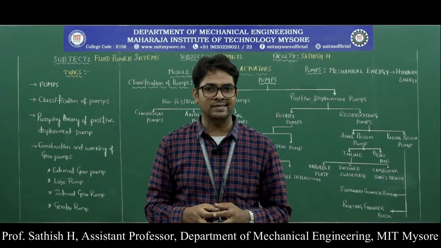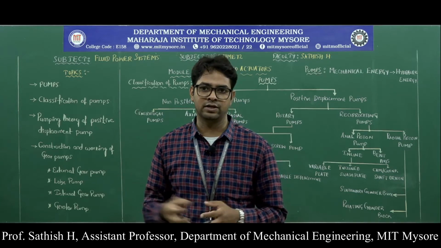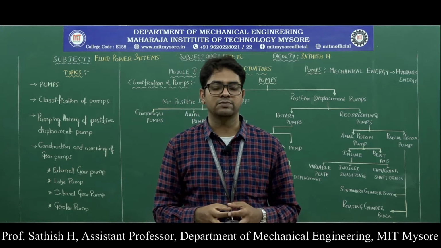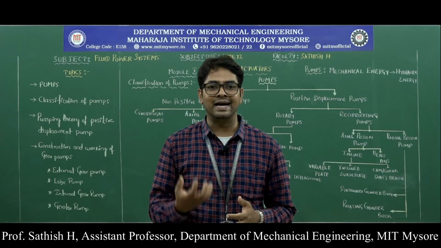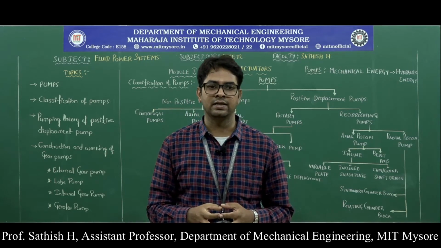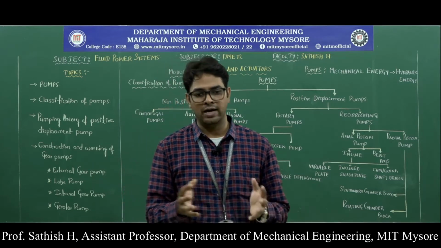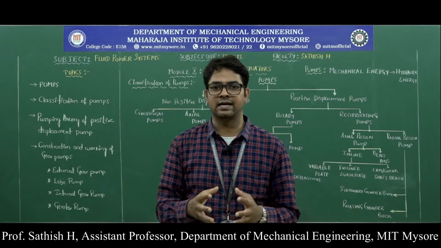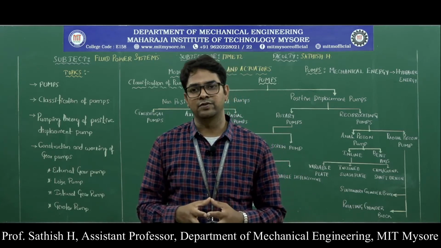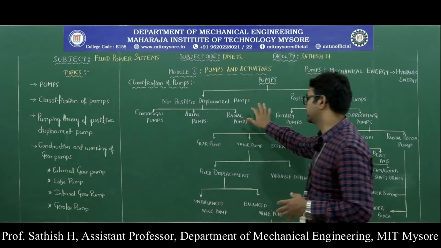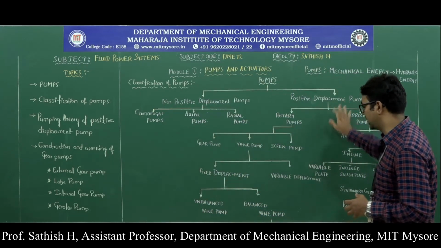One is higher pressure compared to non-positive pumps, and positive displacement pumps have a very high volumetric efficiency. They are also very compact in size; you can make a much smaller pump of the positive displacement type. That is the difference between non-positive and positive type pumps.